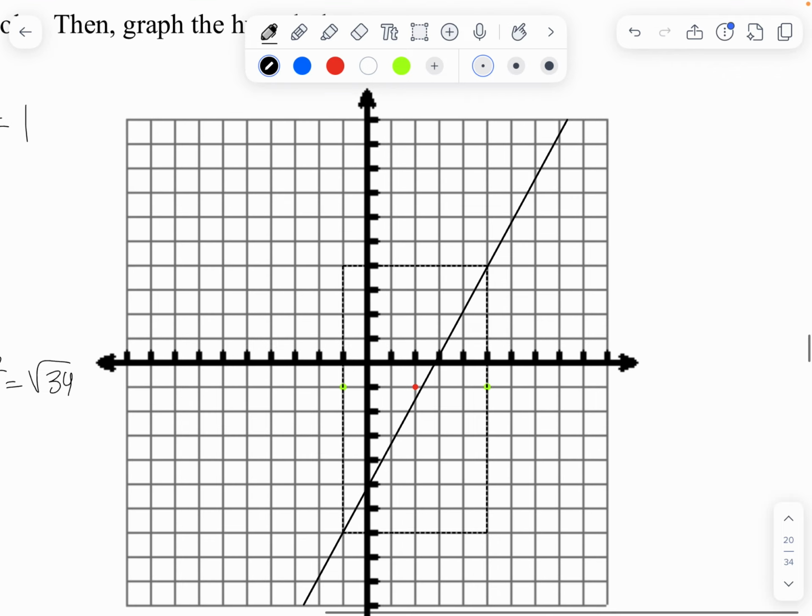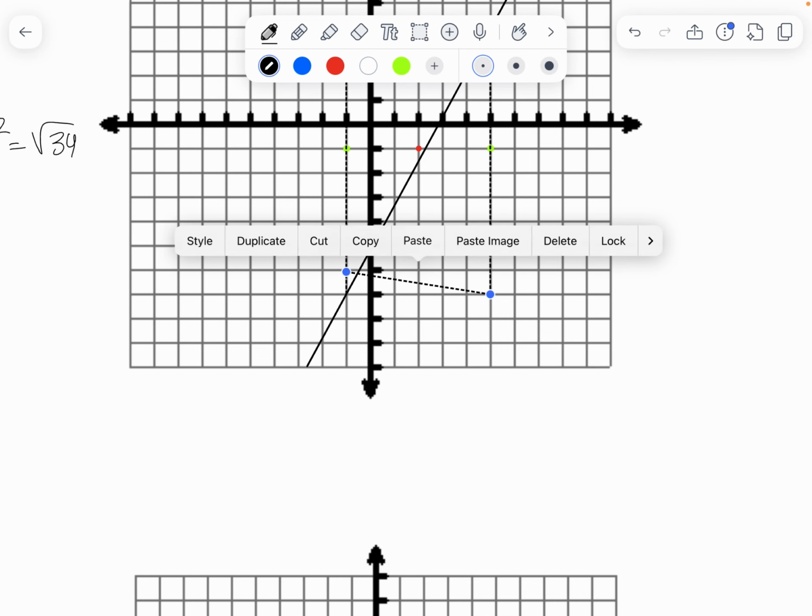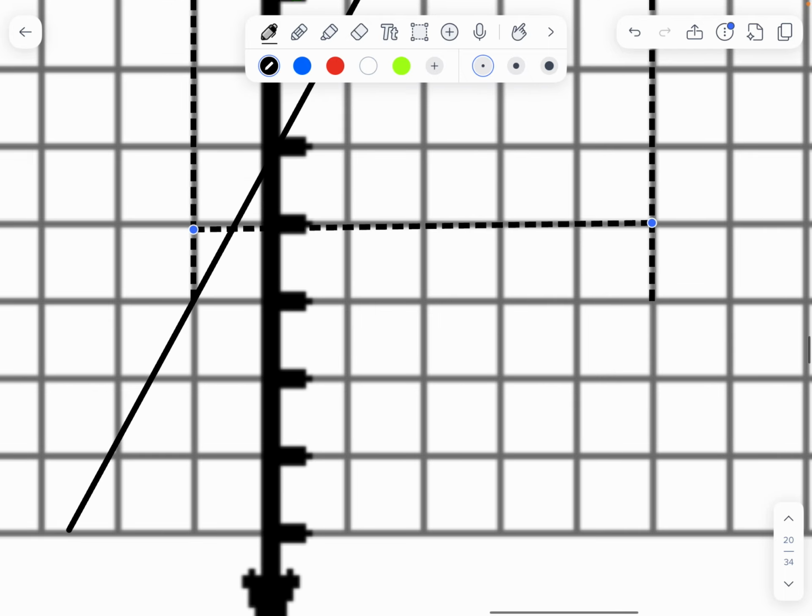Okay, wait, we encountered an error because this is 1 unit above here. Yeah, sorry about that.